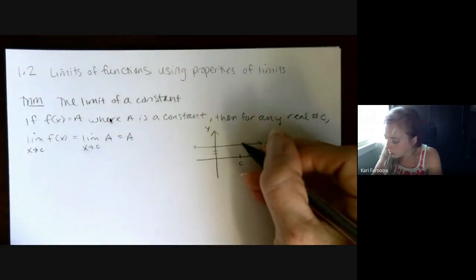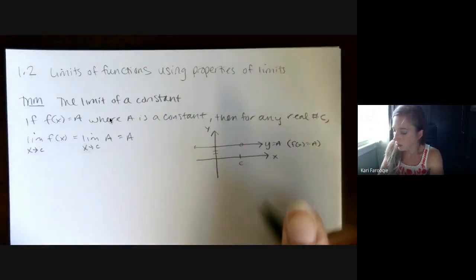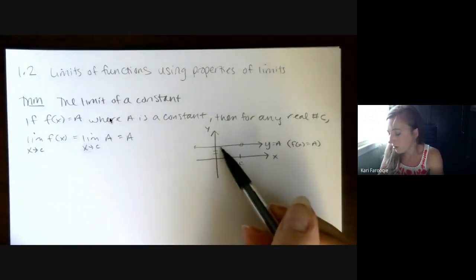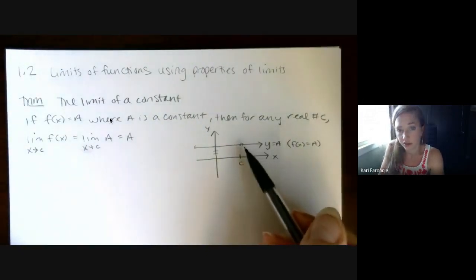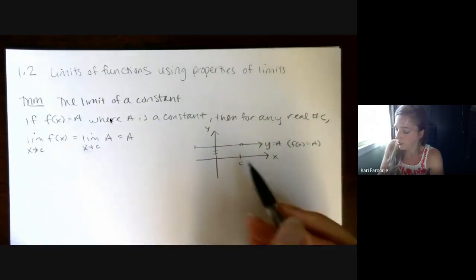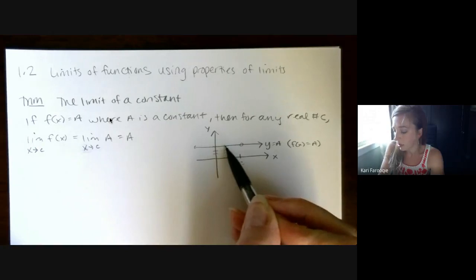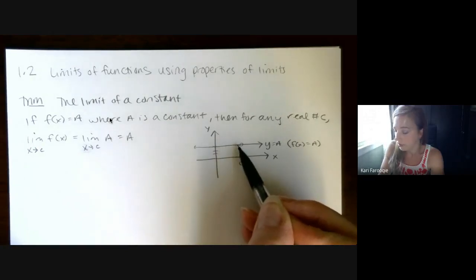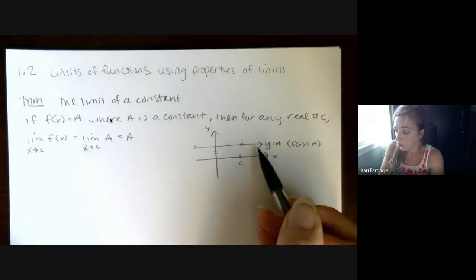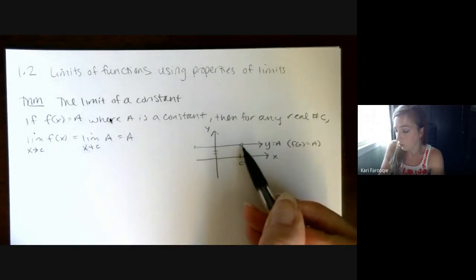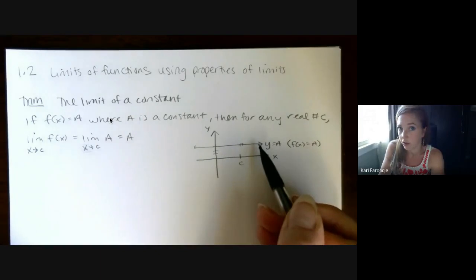We can pick any value c that we would like. And what you're looking at here is the value that y is approaching as x approaches c from either direction. So as x approaches c, you can see that all the time, y is going to be at a all the time. So it doesn't matter if we're approaching from the left or from the right, y is always going to be approaching a because y is a all the time.